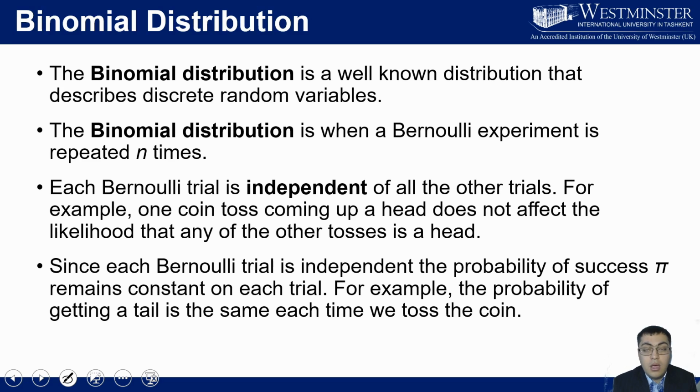So, for example, when you're tossing a coin, if it comes up heads in your first try, that does not affect the probability of you having heads or tails in your second throw, and so on. And since the n Bernoulli experiments that we're doing are independent, the probability of success P remains constant and does not change. Like I said, the probability of getting a tail is the same whether it's the first time that we're tossing it or the 10th time that we are tossing the coin.